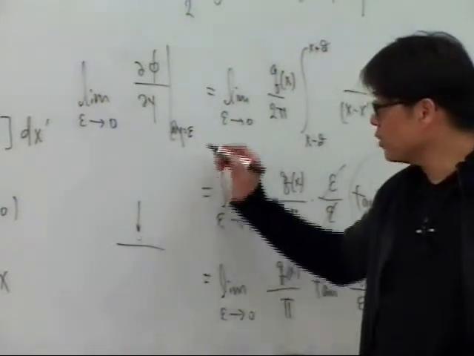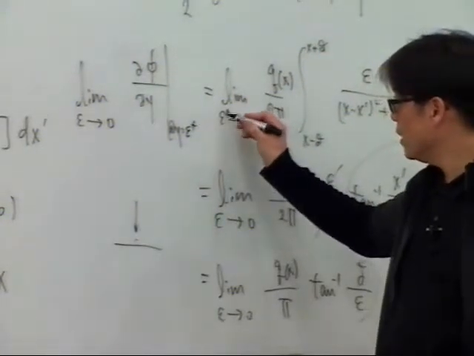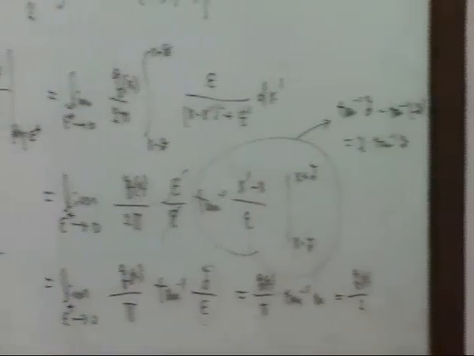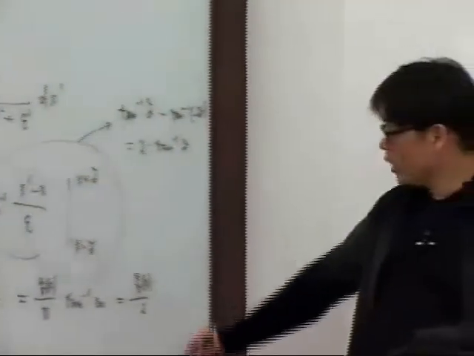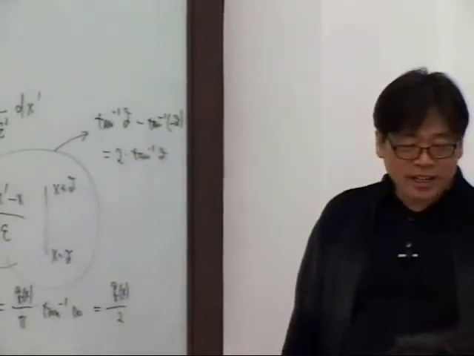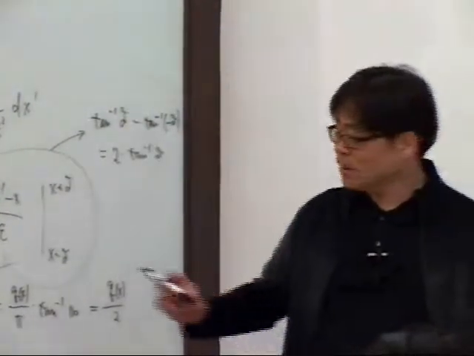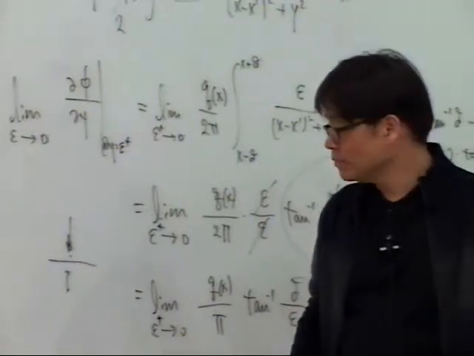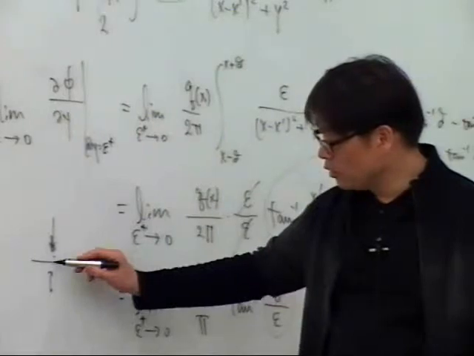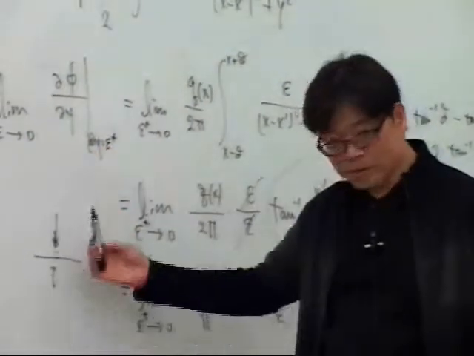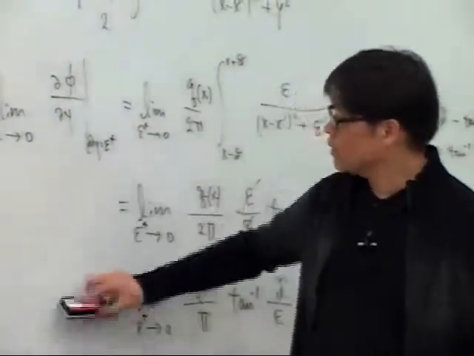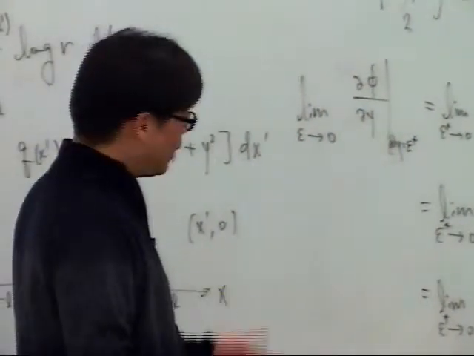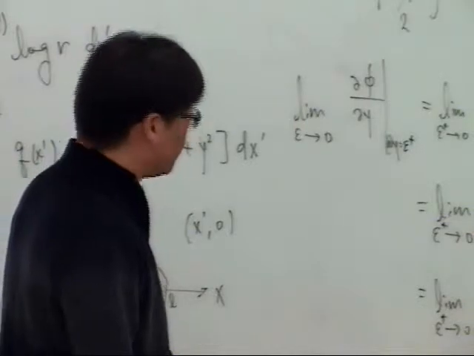So in other words, your epsilon is on the plus side. Then it's pi q of x over 2. You can check if you go from bottom to top. So you can go this way or you can go this way, right? You can take a 0 limit from top to bottom. If you take the other limit from the bottom, then you will get a minus q of x divided by 2.